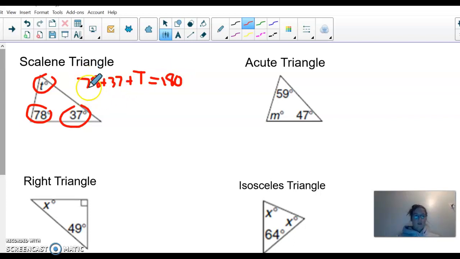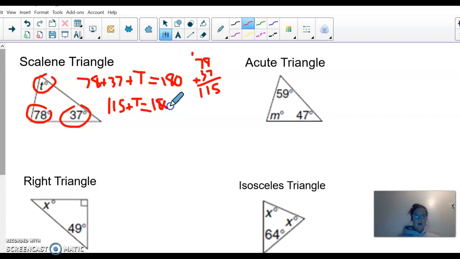So, add 78 and 37. That's 15, carry the 1. That's 115. So you have 115 plus t equals 180.